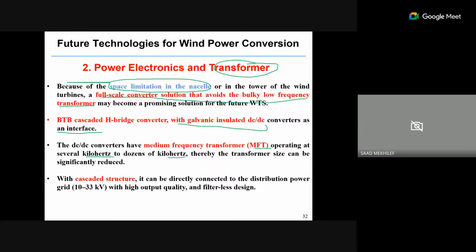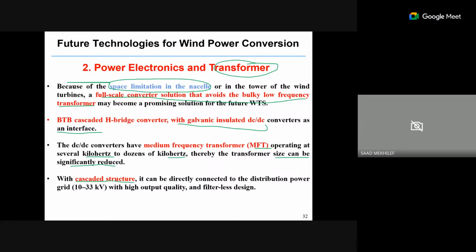Thereby, the transformer size can be significantly reduced. Okay, with the cascaded structure, this is the key, it can be directly connected to the distribution networks, which is 10 to 33 kV, with high output quality and filterless design.